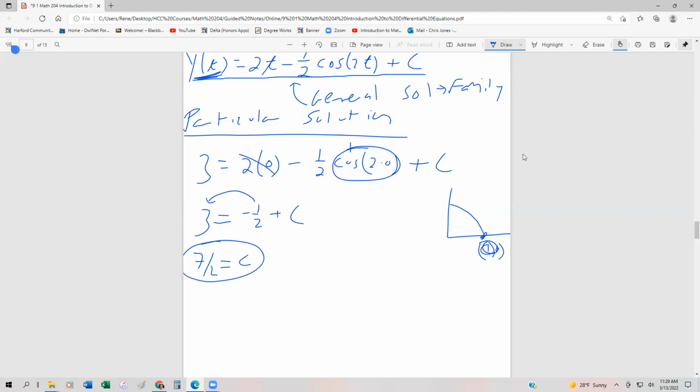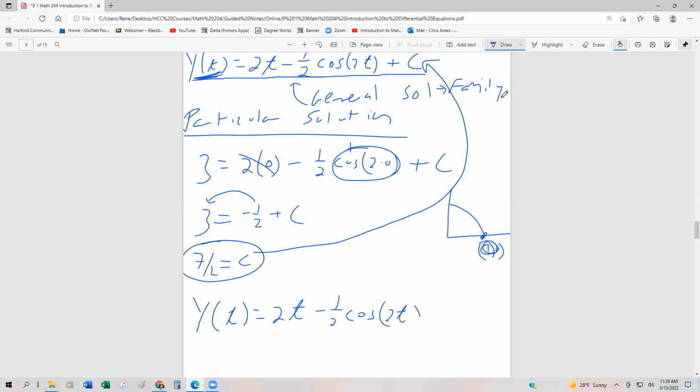So that tells us that that's going to be the particular member of the family that's going to give us the particular solution. And we just substitute 7/2 back in for C. So the particular solution, y of t, is going to be 2t minus 1/2 cos of 2t plus 7/2.